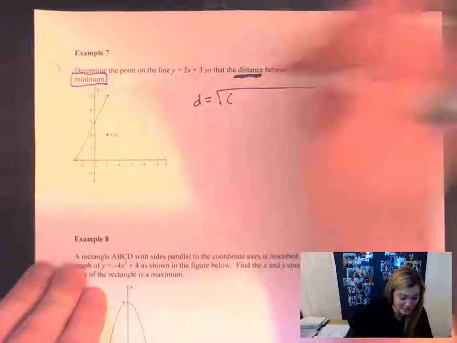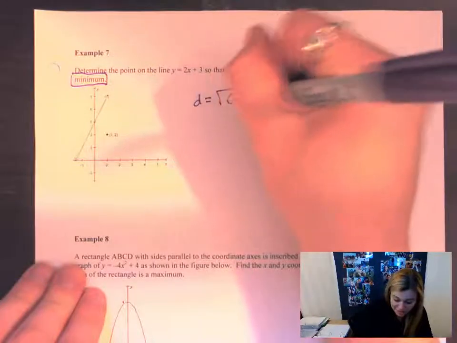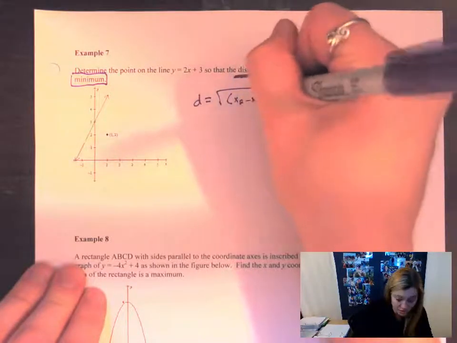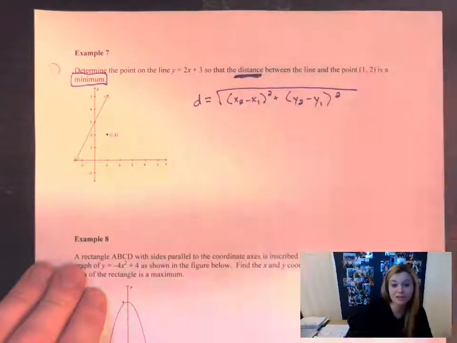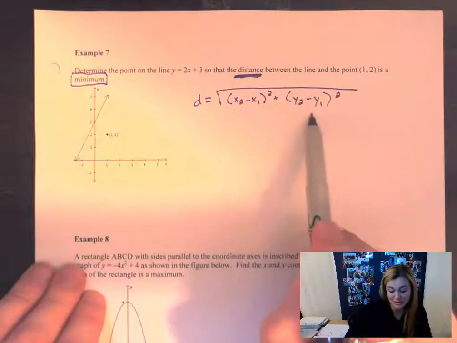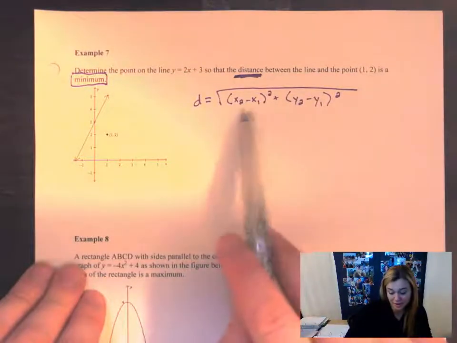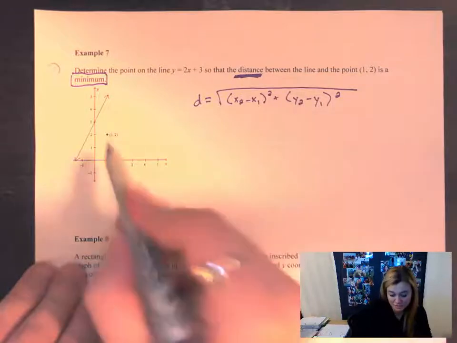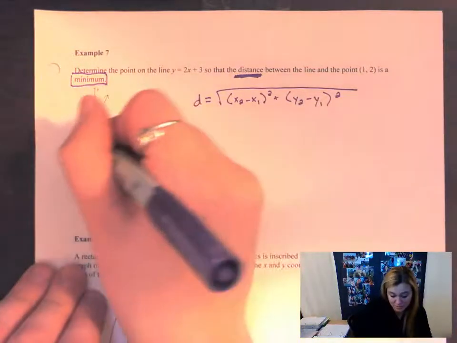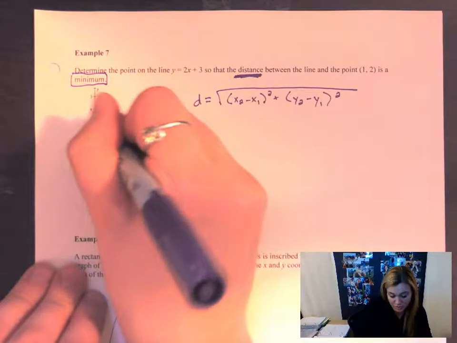where it's x2 minus x1, do you remember this, squared plus y2 minus y1 squared. The change in x's, the change in y's, the distance between the x's, the distance between the y's.